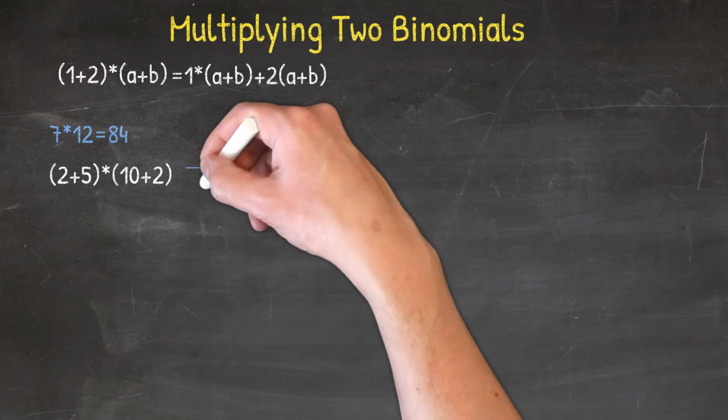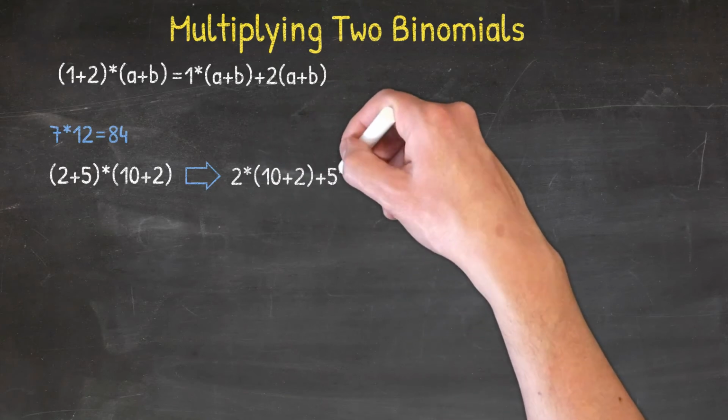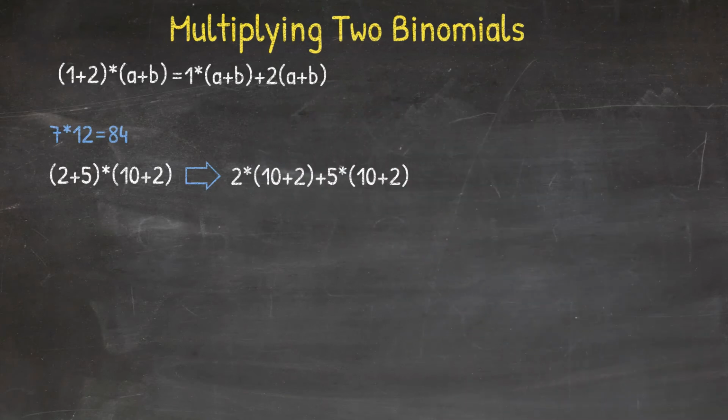As a result, we'll multiply the first unit of the first binomial, 2, by both 10 and 2, which is the full second binomial. And then we'll do the same for the second unit of the first binomial, 5. We'll also multiply it by 10 plus 2 inside the brackets.